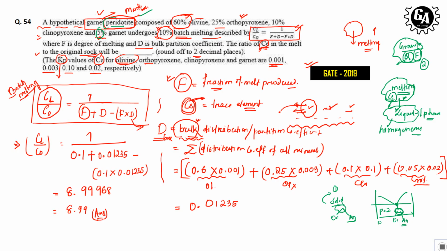If it is very big, if it is not compatible with the solid structure, then it will go into the liquid. This is the concept of compatibility and incompatibility, depending upon the distribution coefficient. All of you know that if D is greater than 1, then we call it compatible or incompatible. Depending upon this distribution coefficient, the concept of compatibility and incompatibility comes.